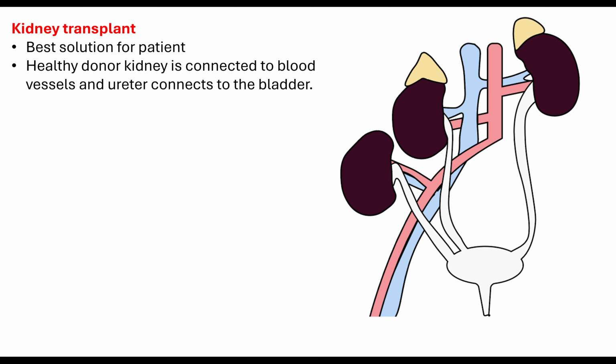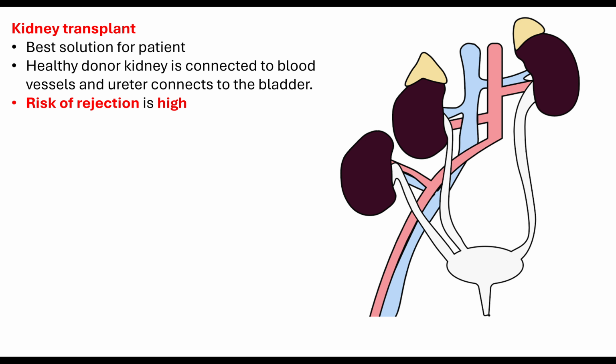Now, where do these donor kidneys come from? Well, these donor kidneys come from either someone who is donating their kidney, or from somebody who unfortunately has deceased. So the available kidneys for transplant is very limited, because not only do we need a healthy donor kidney that is available, we need to ensure that we reduce the risk of rejection, because the rejection risk is really high.